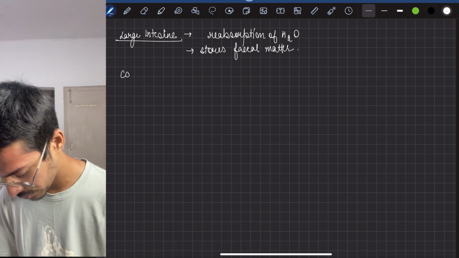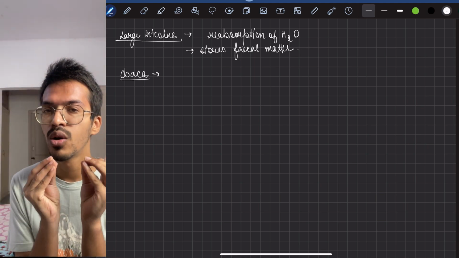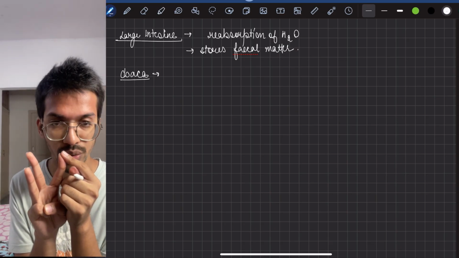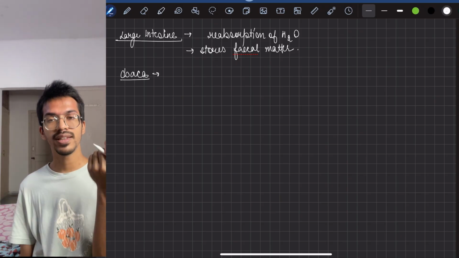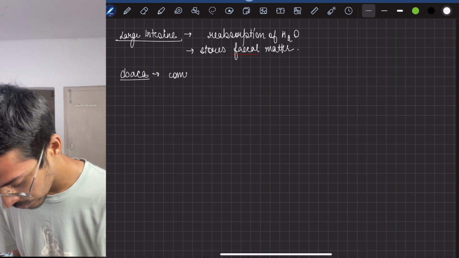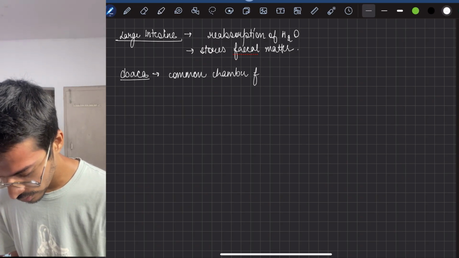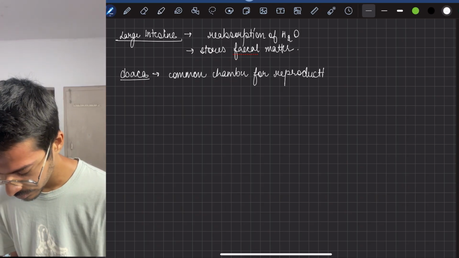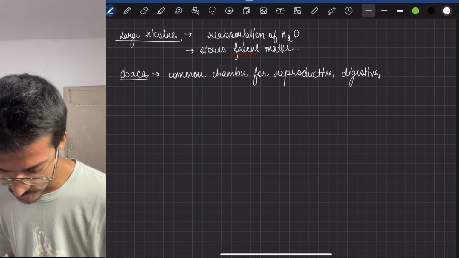Cloaca. So the cloaca is a common chamber for three different openings. One is for the urine or the ureter, one is for the feces, and the other is for the gametes also. So it is a common chamber for reproductive, digestive and excretory systems.